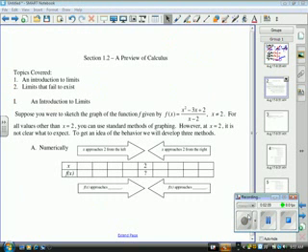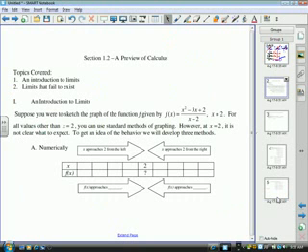One of the things that we'll be doing is when we look at limits, we will look at them 3 different ways. We will be looking at them numerically, graphically, and algebraically. We did all of this basic stuff in pre-calc last year, but let's review how we're going to do this year.